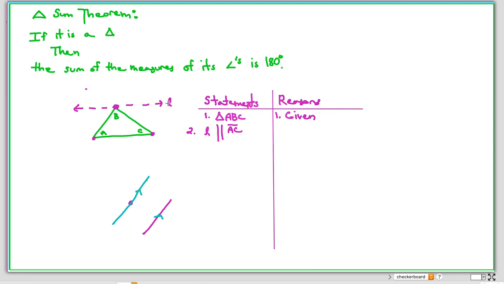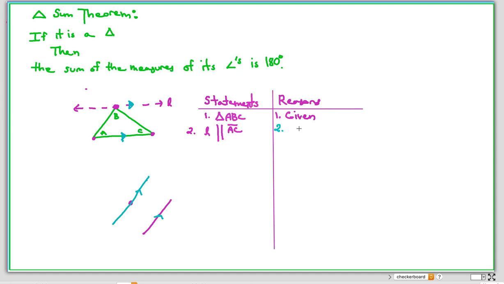Okay, so I drew that line. So here's B, and here's segment AC. I drew L such that it would be parallel to AC. So here's the signs denoting that it's parallel. And that can be done, that's a postulate.